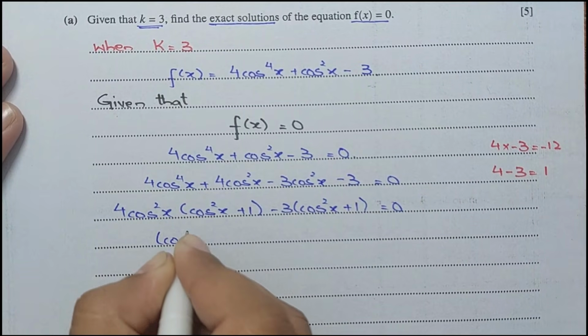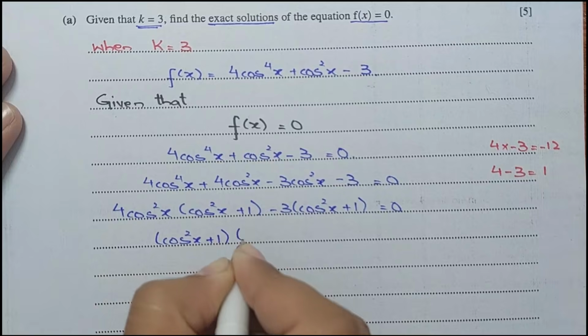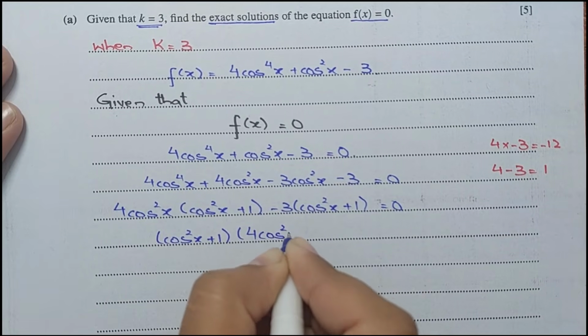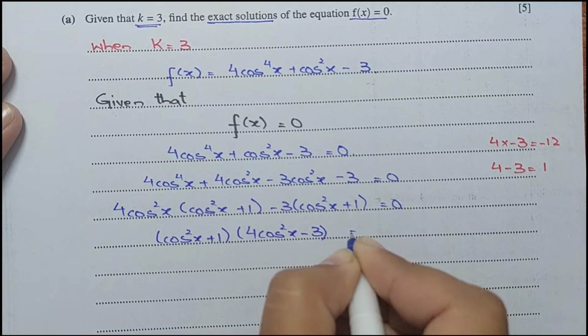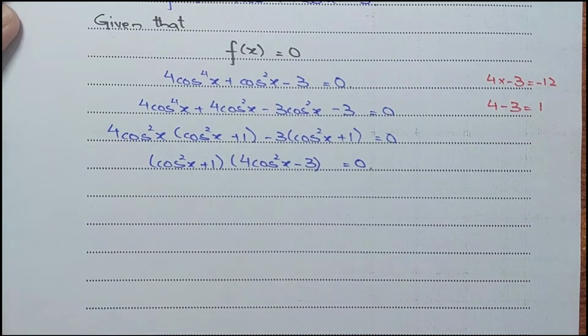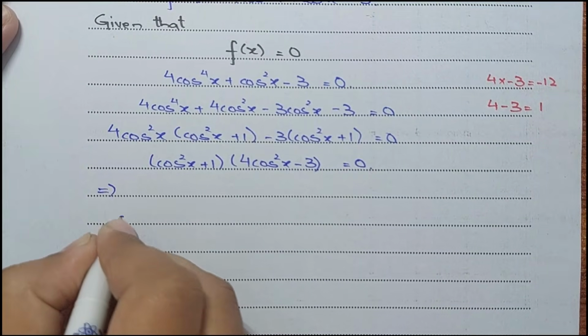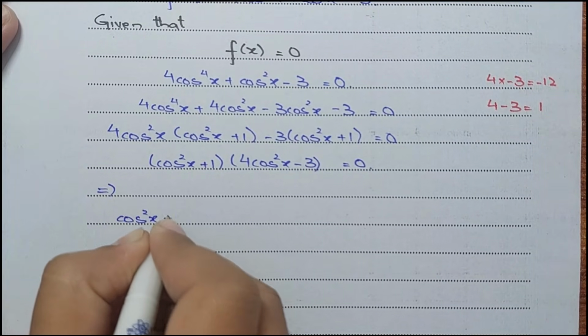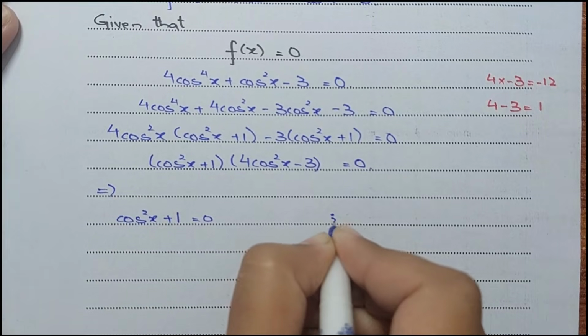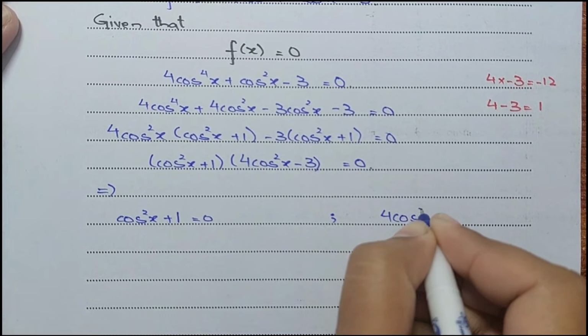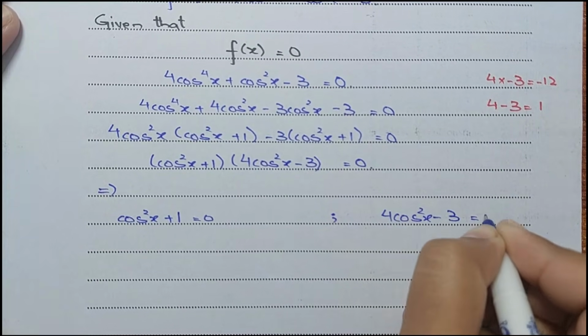Now the factors are cos square x plus 1 and the other factor is 4 cos square x minus 3, equal to 0, right? Now we need to put both factors separately equal to 0: cos square x plus 1 equals 0, and the other one is 4 cos square x minus 3 equals 0.